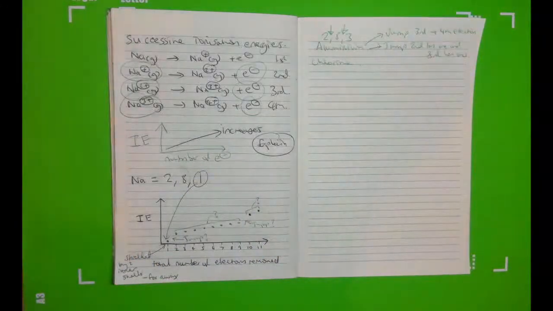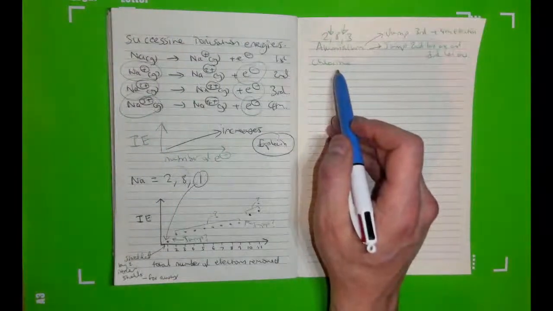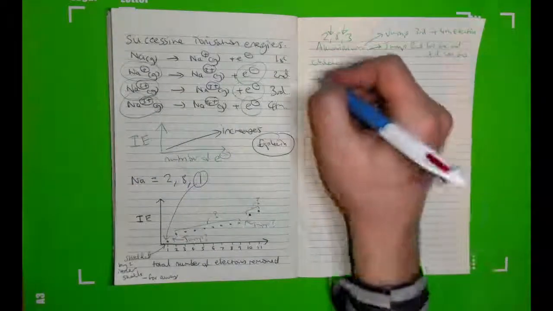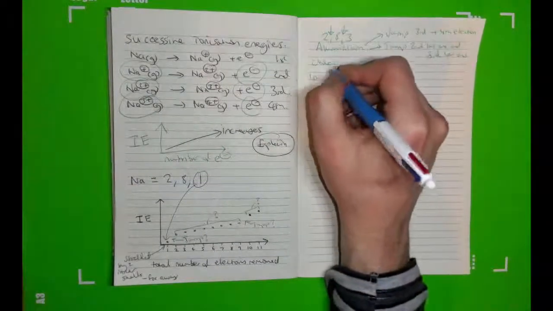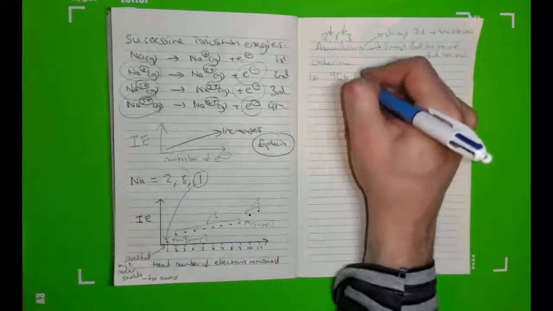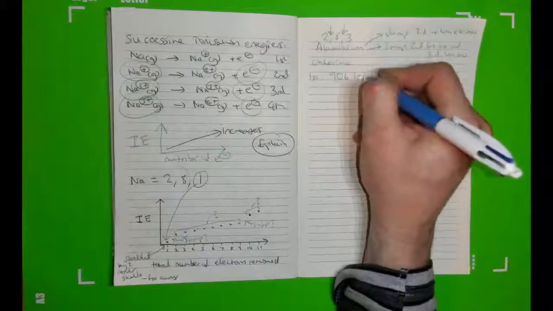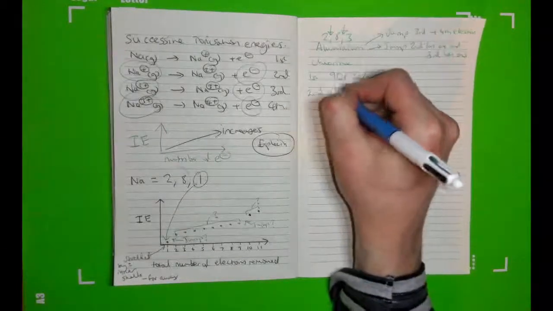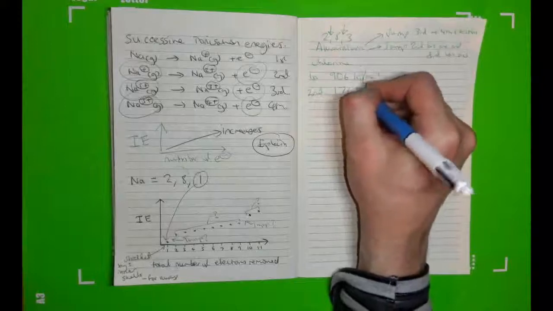Okay. Chlorine, I'm going to let you plot your own graph, but I'm actually going to give you the data for chlorine. So for chlorine, the first ionization energy of chlorine, if you write this down, is 906 kilojoules per mole. The second one is 1763.